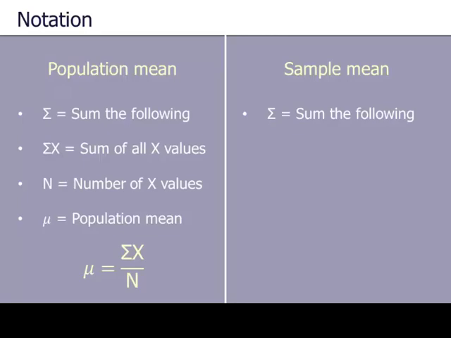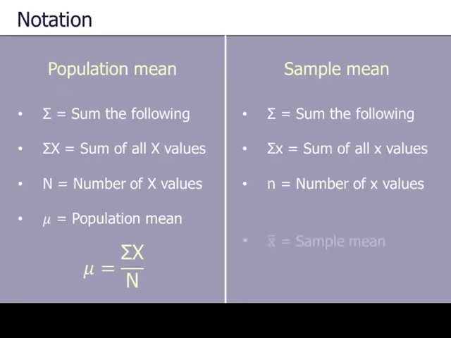The sum of all x values is denoted by sigma x, where x is lowercase. And the number of x values is denoted by a lowercase n instead of an uppercase N. And the sample mean is denoted by x bar instead of mu. So the formula for the sample mean looks like this.